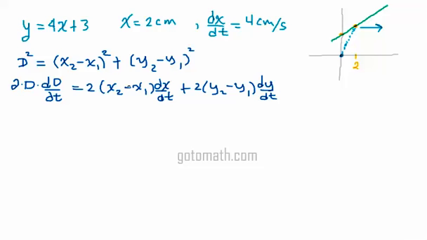But there are some numbers we're going to need to plug into this. We're going to need to know what x1 and y1 are. Well, we're going to go ahead and say that's going to be the origin.